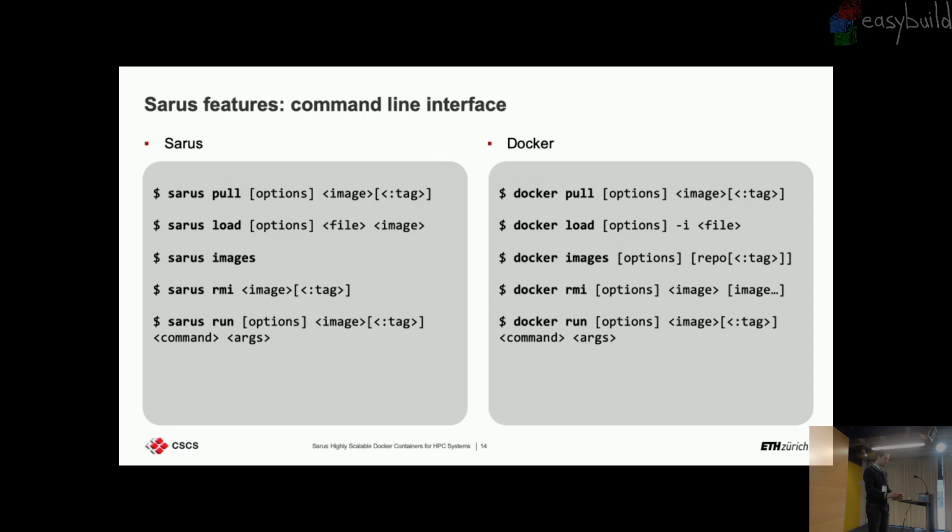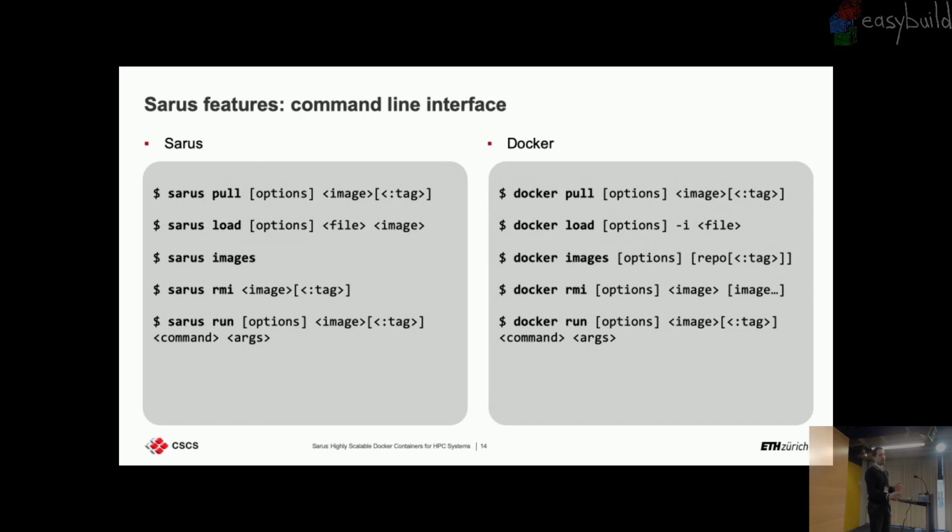Now, just to give you an idea of the most important things from my point of view in terms of the user experience. If you use Sarus on Piz Daint, you just load a module called Sarus, and then you have a command line interface that is exactly like Docker. So you can do Sarus pull to pull the Docker images that you want to use from Docker Hub.